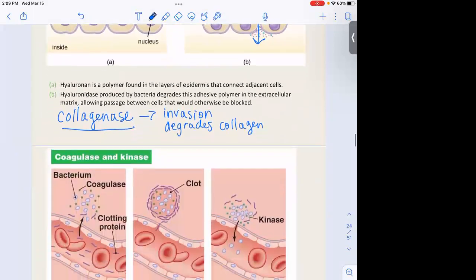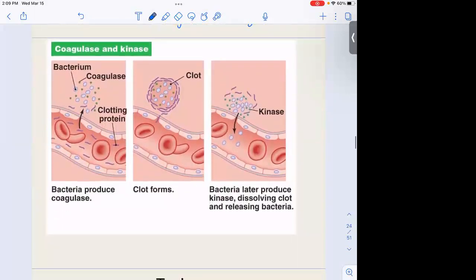Here's a few more examples of extracellular enzymes. Here's one that if you are in lab, hopefully this looks familiar, coagulase. This is an enzyme that some cells secrete, it's not very common in the bacterial world. What the coagulase does is when it's secreted by bacteria, it helps the bacteria wall off that site of infection.